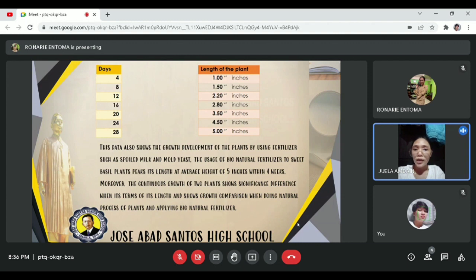Therefore, using bio-natural fertilizers with basil has 1 inch in the 4th day, 1.5 inch in the 8th day, 2.2 inch in the 12th day, 2 inch in the 16th day, 3.5 inch in the 20th day, 4.5 inch in the 24th day, and the average height of 5 inches in the 28th day. On top of that, the usage of bio-natural fertilizers with basil has fast growth changes of plants every 4th day per week.